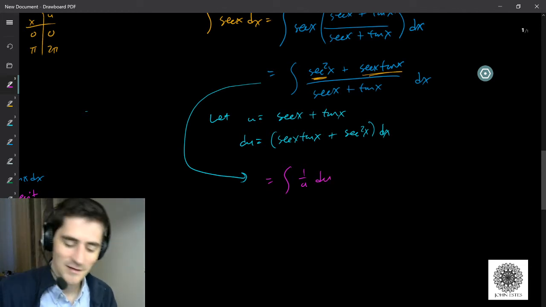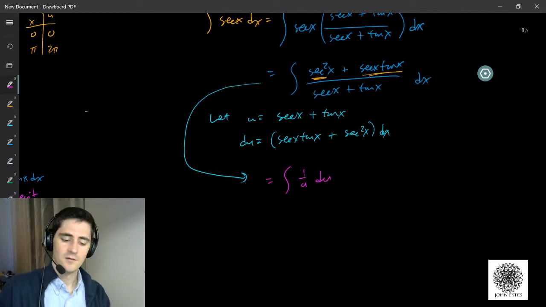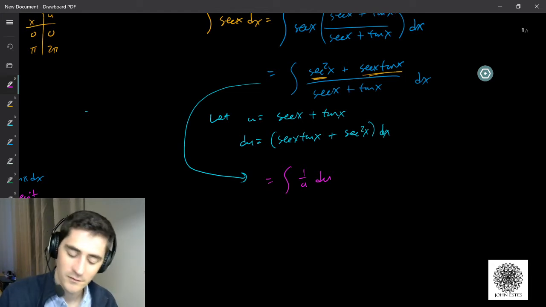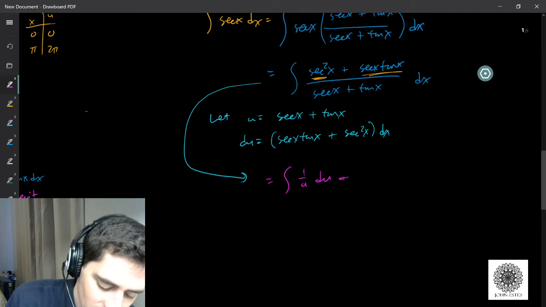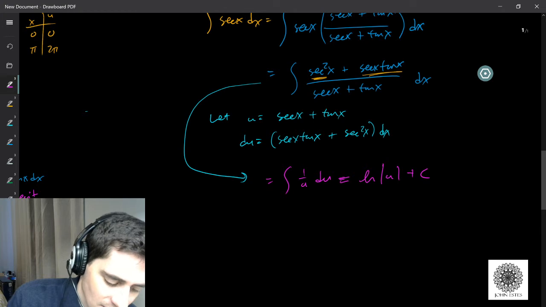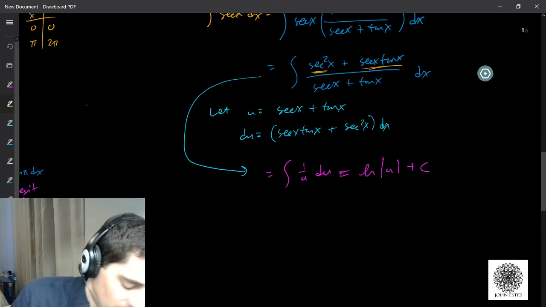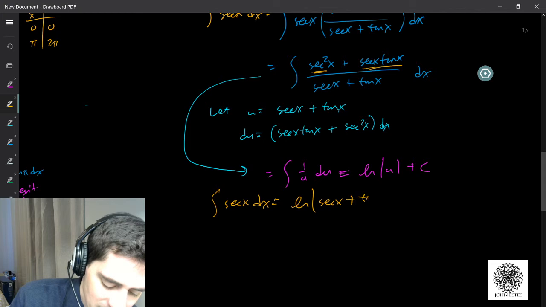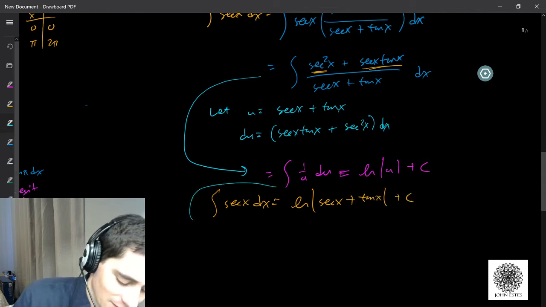The secant plus tangent is my u. Secant squared plus secant tangent is my du. So I get 1 over u du, which we know is ln absolute value of u plus c. So the integral of secant x dx is ln absolute value of secant x plus tangent x plus c. And there it is. There's the integral of secant.